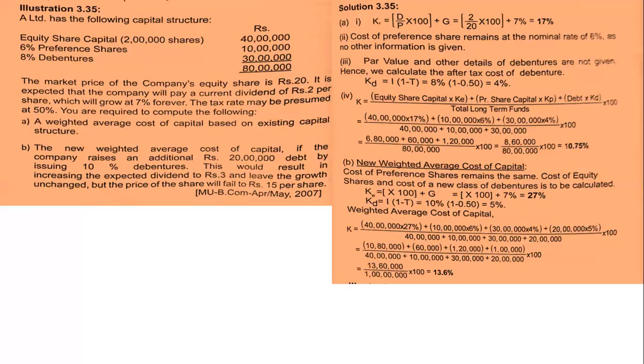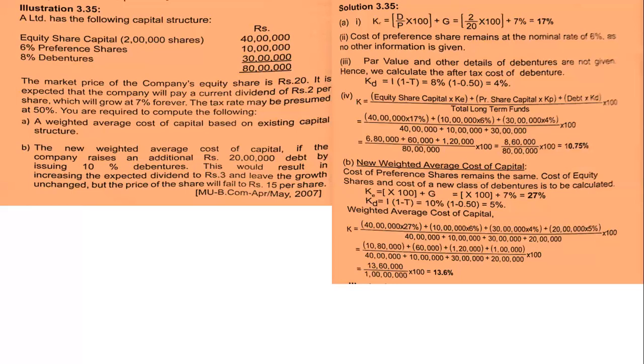So that is the return, and plus there is a growth rate of 7%. So total cost of equity is 17%. Then we're supposed to calculate the cost of preference. The cost of preference shares remains at the nominal rate of 6%, as no other information is given. So cost of preference is 6% only.